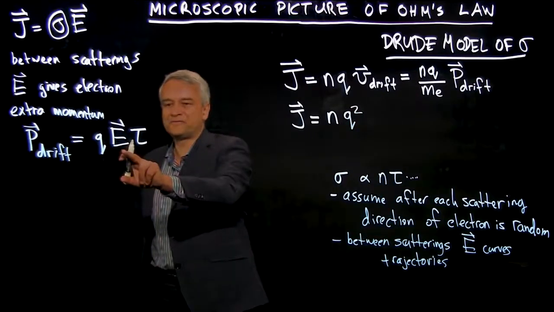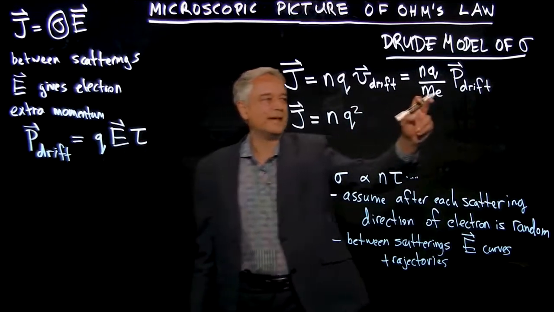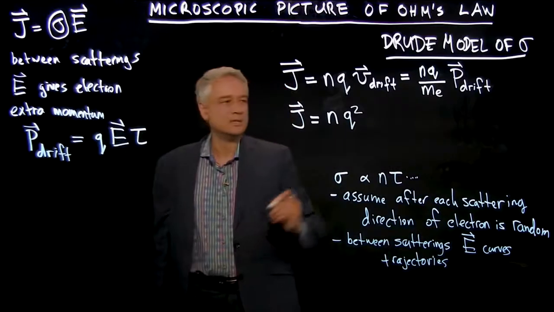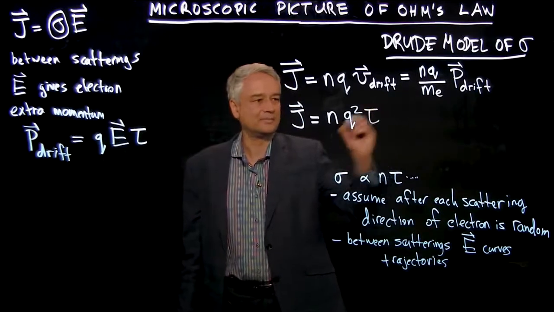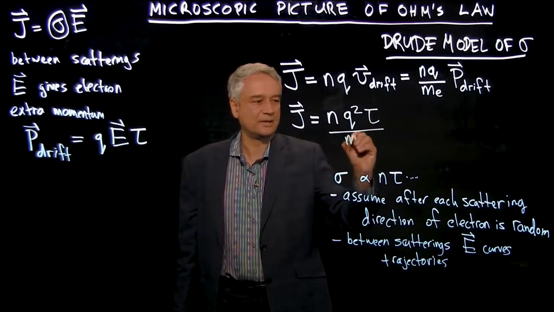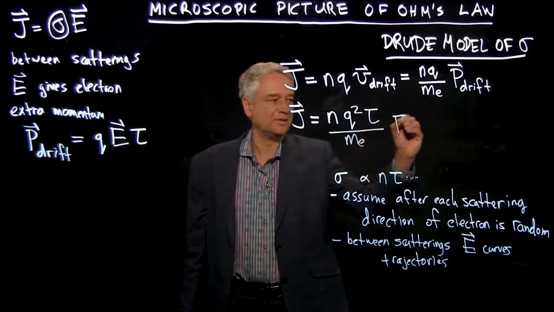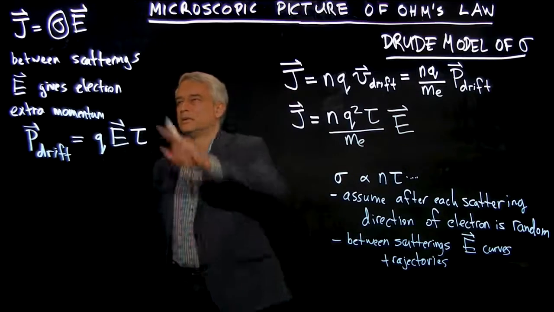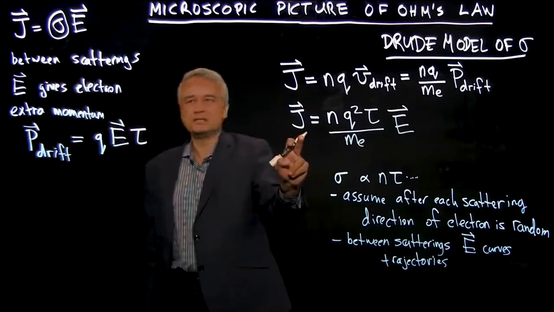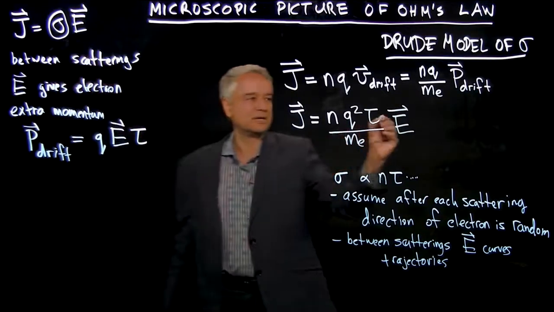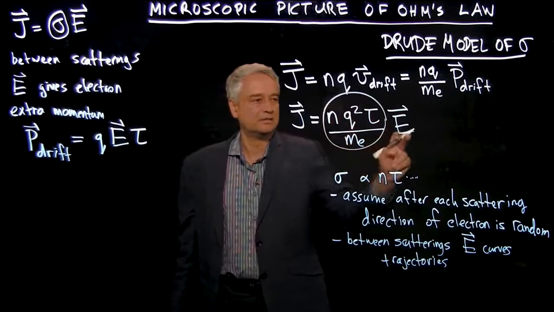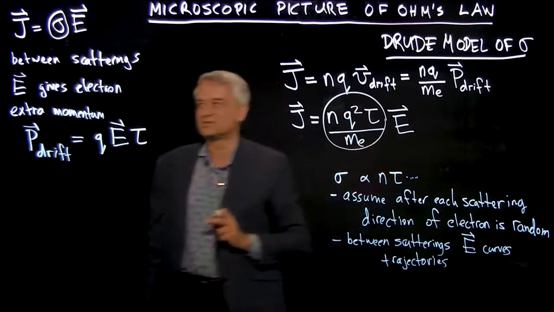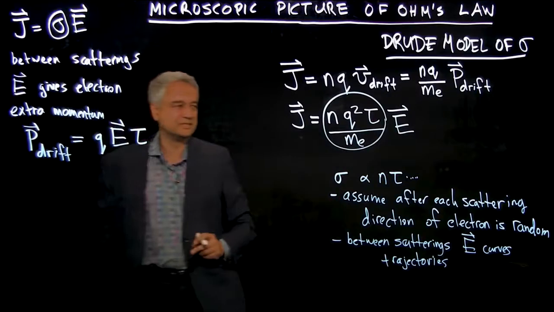And then I have an electric field, a tau, and a mass of the electron. So I'm going to write the tau there, and the mass of the electron here, and put the electric field last. And now I get to say ta-da, because I have J is equal to a constant, here's my constant, times the electric field. So this constant that I've just circled is the conductivity sigma.